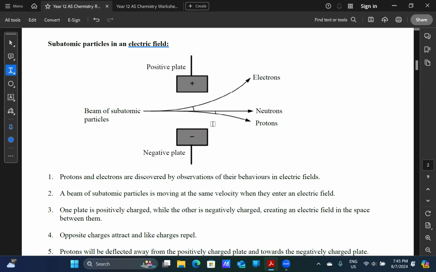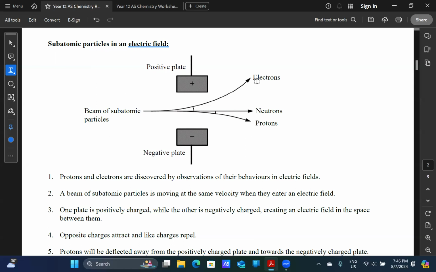The empty space you see is called the electric field. In this electric field, there are two differently charged plates. The first plate here is the positive plate. The one opposite to it is the negative plate. As the beam passes through the two oppositely charged plates, you can see electron is diffracted more, and the direction is important.